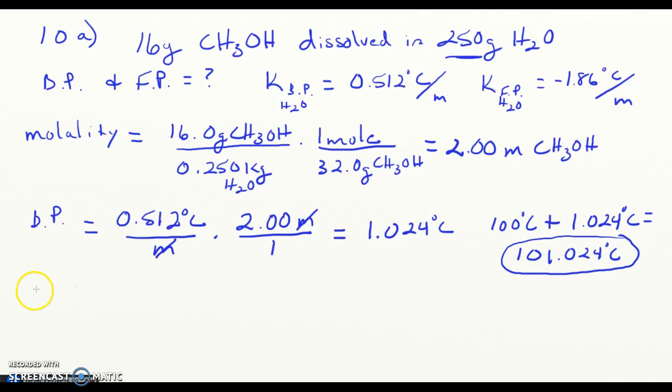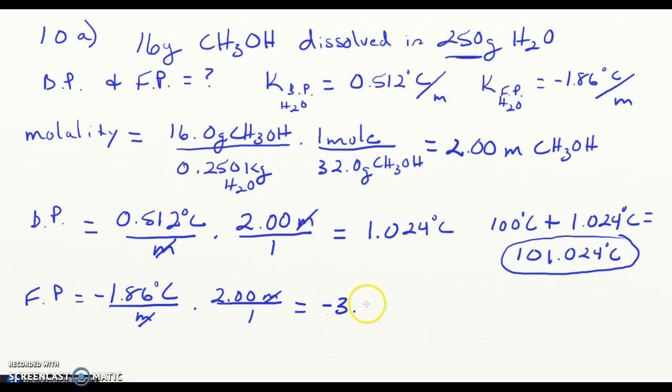Then you do the same for the freezing point, but instead you use negative 1.86 degrees Celsius, this constant here for freezing, and you multiply it by, once again, 2 molality. The molality cancels out, and this should be negative 3.72, is that it? 72.